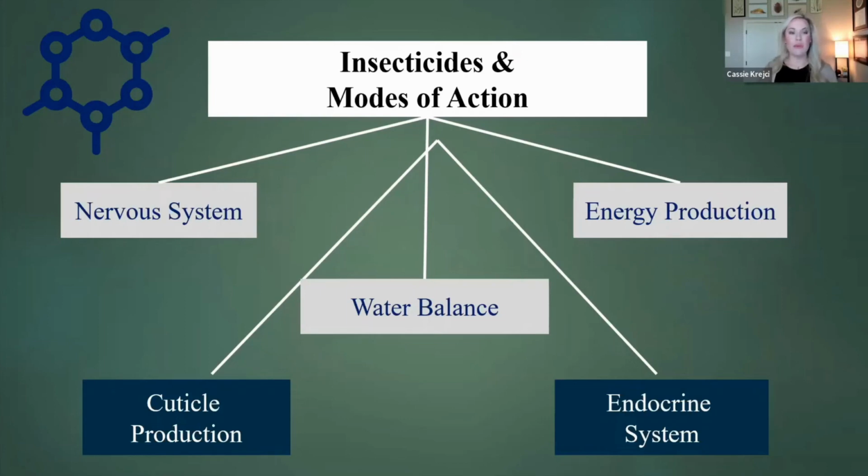So similar to how we group insects into groups because of their characteristics, we group insecticides into groups based on how they kill an insect. So you have your nervous system, where using insecticides that affect the nervous system results in overstimulation of nerves. We can affect energy production, we can affect water balance, along with cuticle production and endocrine system. So let's take a little closer look at that.